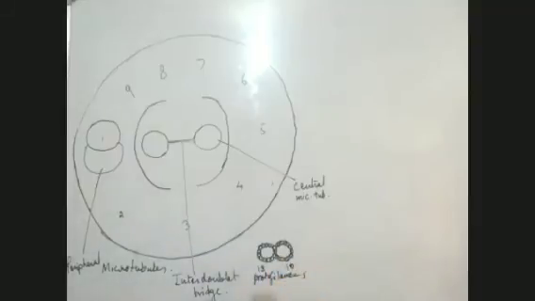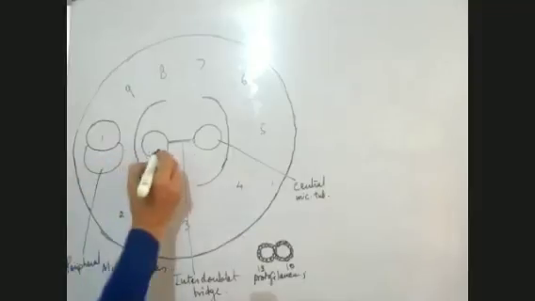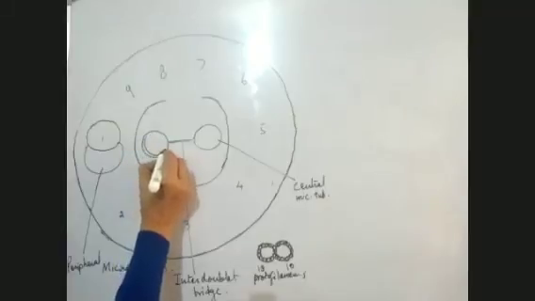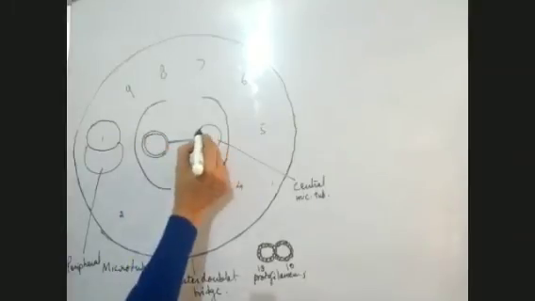Now, the microtubule which is present in the central microtubule is of this type. That means it has 13 protofilaments. So if we look at it, it will appear like this, having 13 protofilaments inside.